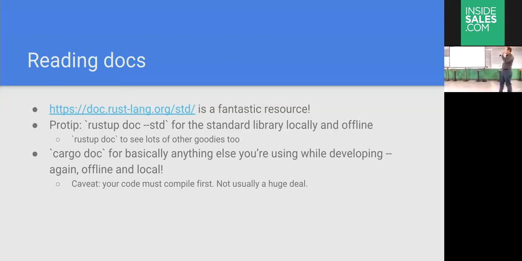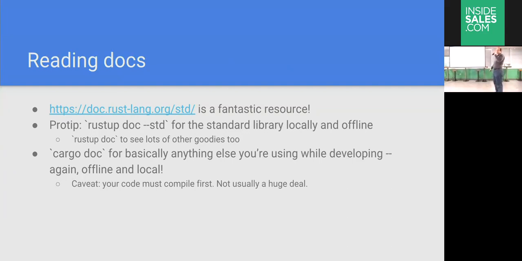Absolutely. Yes. Cargo doc will include every single crate that you pull in inside of your Cargo.toml. When you add a dependency and you can actually get your stuff to compile and you run cargo doc, all of those crates will have their documentation generated too. So if you have a dependency you know you need and you have a question about it and you're on the subway or on the airplane or driving on the bus, well, you're probably not driving the bus, but you can access all of that offline too because you have the source code.